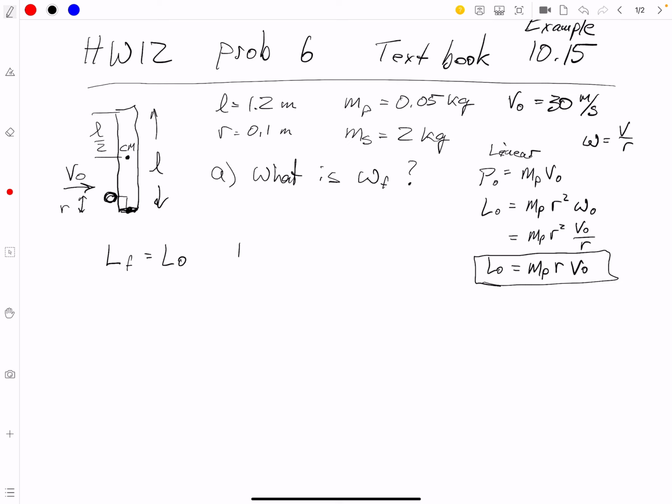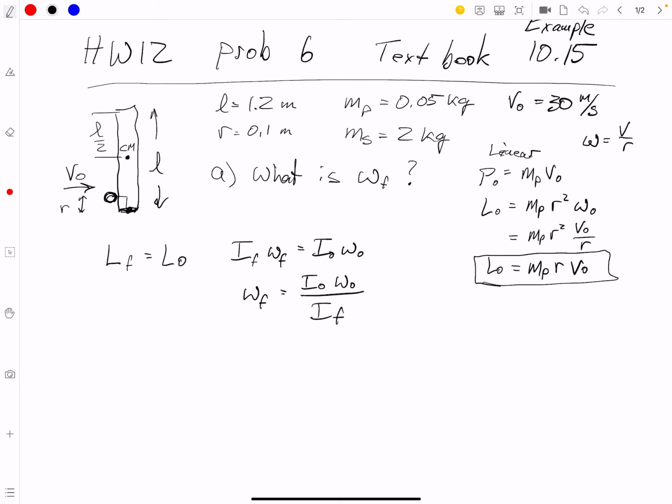I'm going to rewrite that in terms of I final, omega final equals I initial, omega initial. And solving, omega final equals I initial, omega initial over I final. The light was in my eyes.